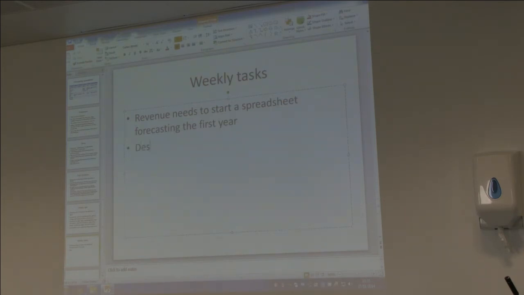The design also needs, in order for the revenue to move forward, to cost and schedule the design production process.